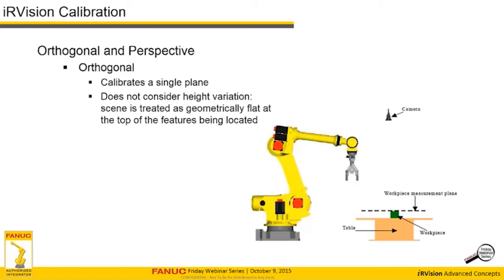So when you do this calibration, the calibration grid has to be at the height of the workpiece or the object that you're going to pick or locate if it is a robot-mounted camera. And only the features at that plane are reliable when the object's found. If the object is above or below that plane, we can say that those points are perhaps inaccurate or at least indeterminate.